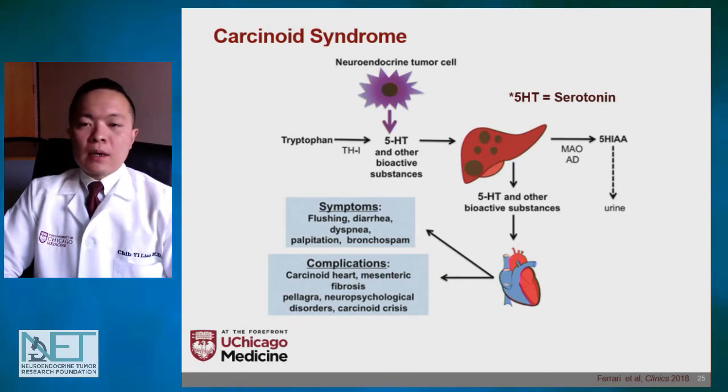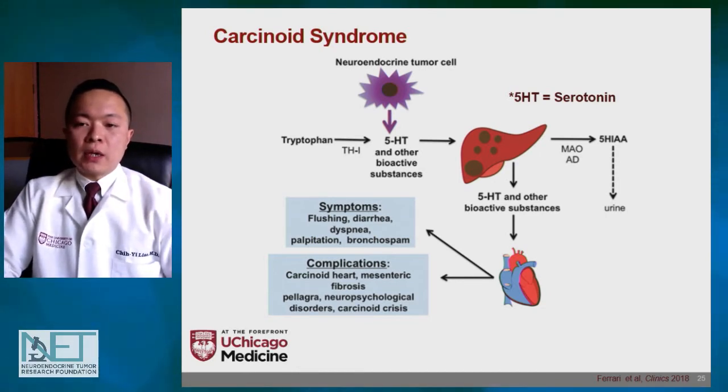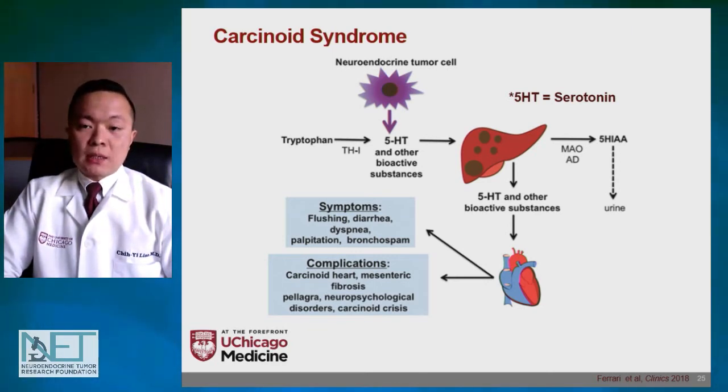We also think about something called carcinoid syndrome when we think about how neuroendocrine tumors can present. Carcinoid syndrome happens because many of these neuroendocrine tumors can secrete serotonin, or 5-HT, as well as many other bioactive substances.